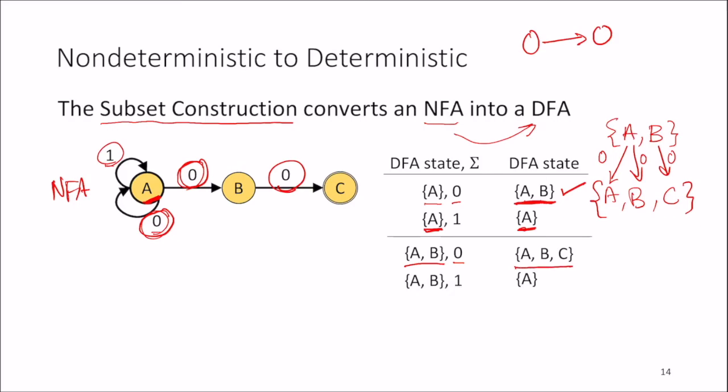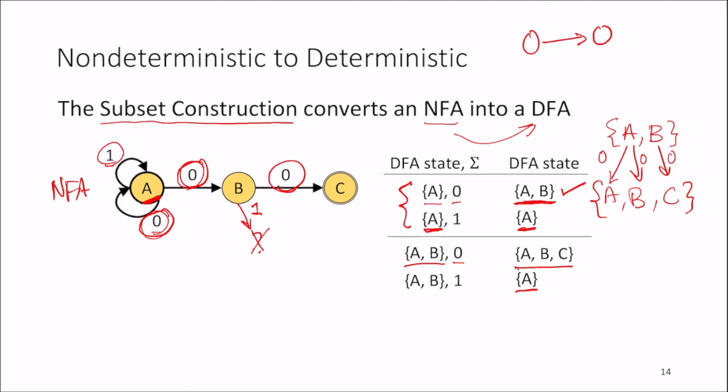And now if I'm at A or B and I take 1, B doesn't have any transition out of B on 1, so essentially this is a dead end, but A does have a transition. So we end up with a set with only A in it. And notice that we've already covered that over here.